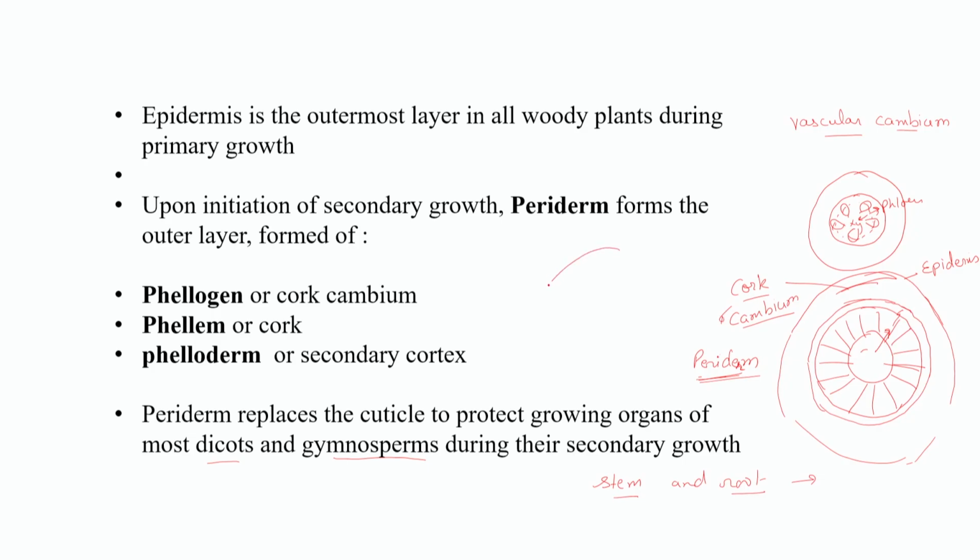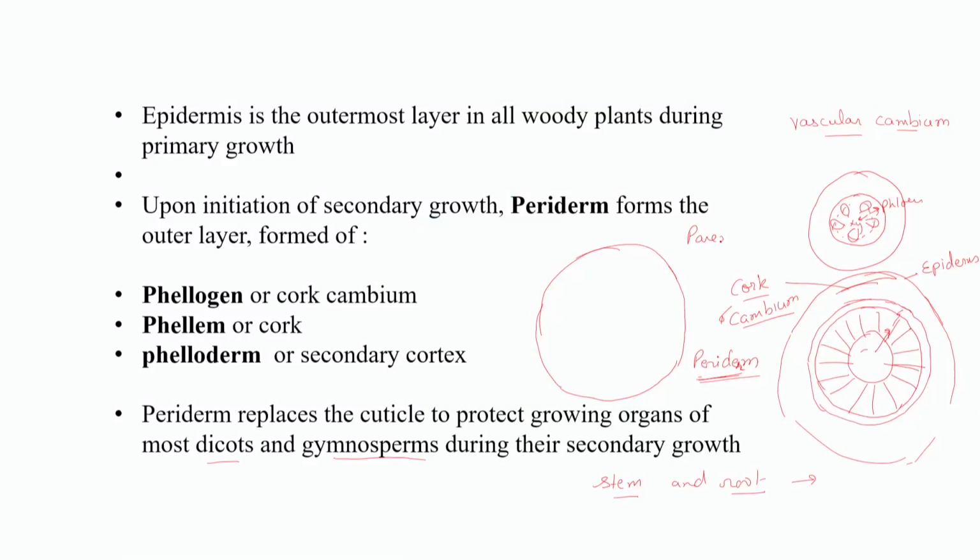Now how will this cork cambium arise? I have told you before that in the cortex, endodermis and pericycle, a lot of parenchymatous tissue is there, and one of the important functions of parenchyma is that it can undergo dedifferentiation and perform meristematic activity.